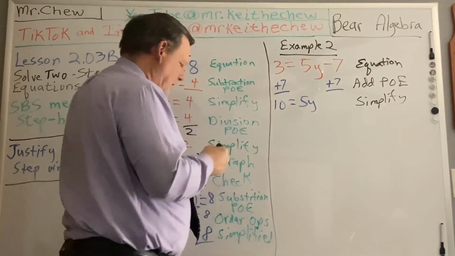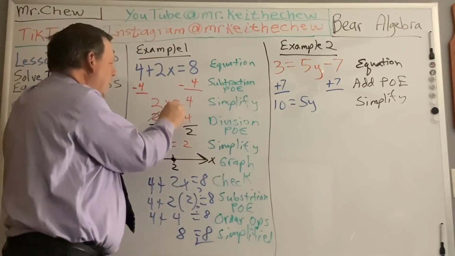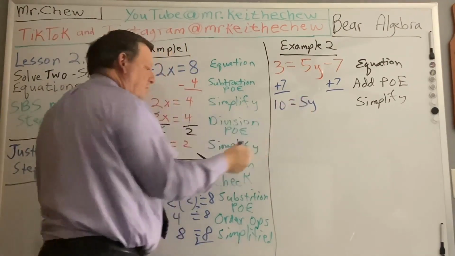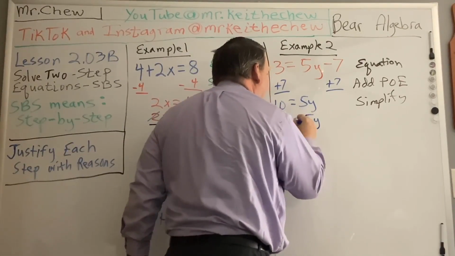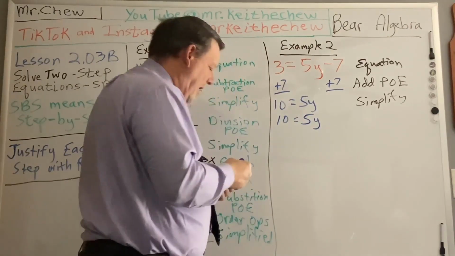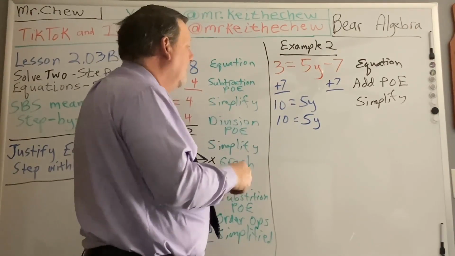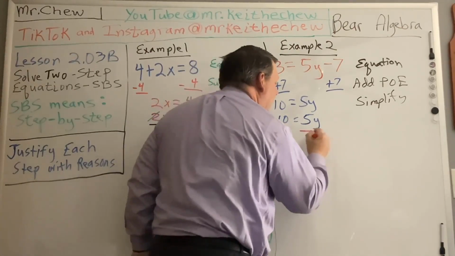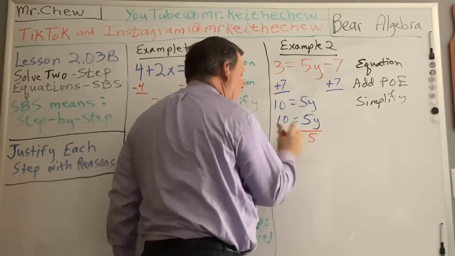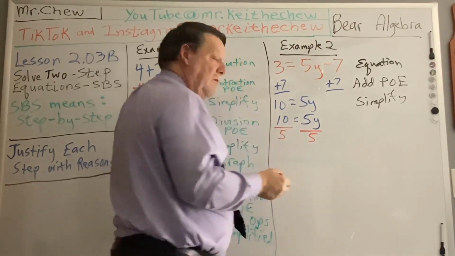All right? So now what? Well, what did we do here? I have to cancel out the 5. And since that means 5 times y equals 10, I do the opposite of multiplying by 5, which is dividing by 5. And if I do it to the right, I have to do it to the left.